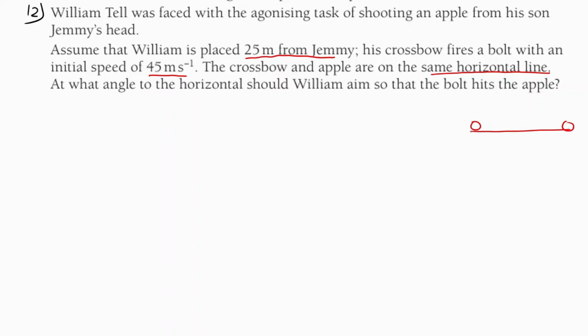So the trajectory of the bolt is like this. The initial velocity, let's say u, is 45 meters per second, and the distance between William and Jimmy is 25 meters.